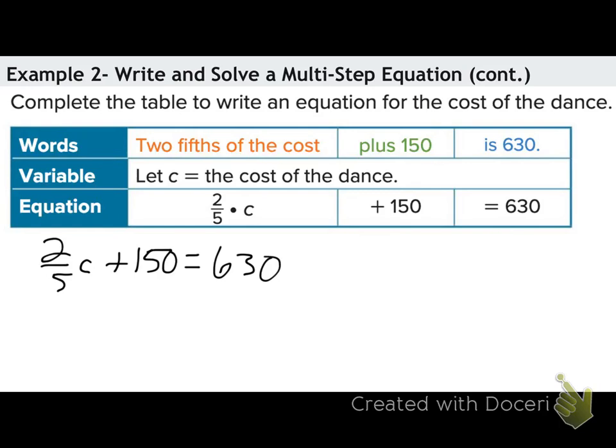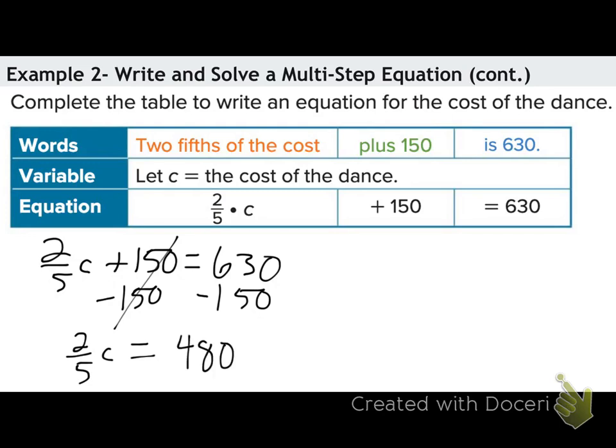So how do you think I need to cancel out the 150? Subtract 150 from both sides. Whatever I do to one side, got to do to the other. So on the left, I have 2/5 C left over. Equals what's 630 minus 150? 480. We okay with that?